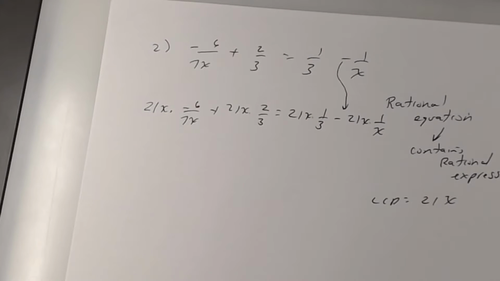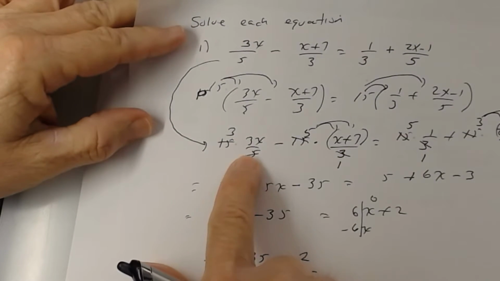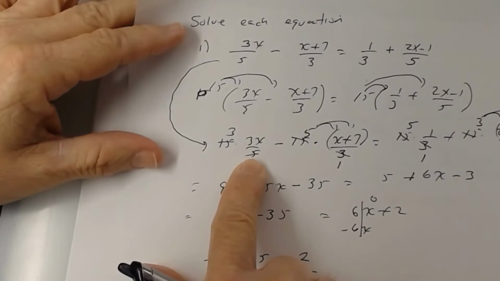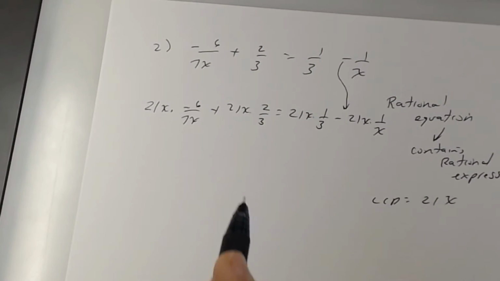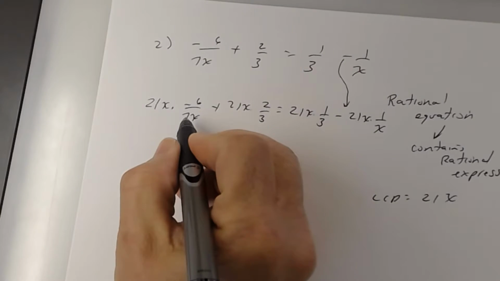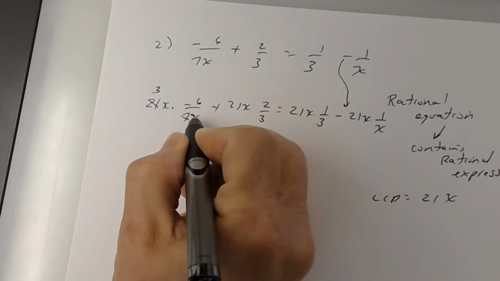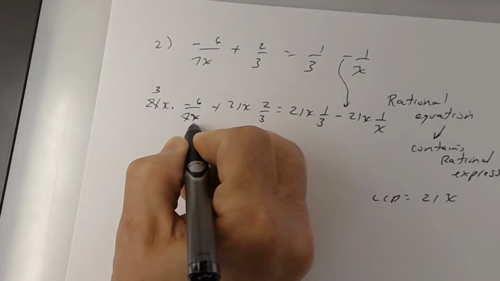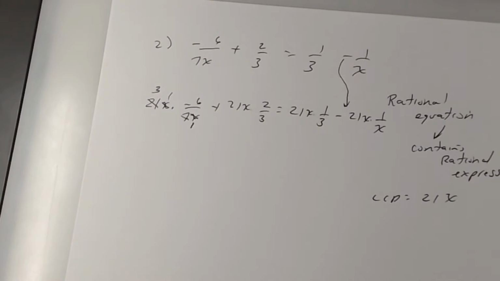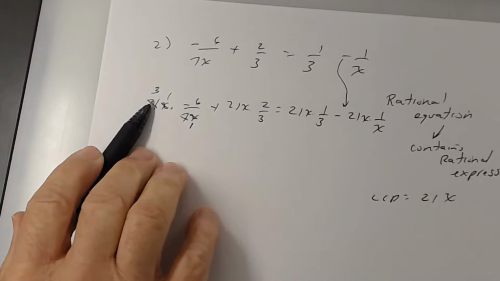Now at this point, once I multiplied every fraction by the LCD, what else did I do? I reduced, simplified, right? So remember, the whole point of multiplying by the LCD is to get what number down here? 1. 7 into 21 is 3. X into x is 1. X into x is 1. You got 1, right? So 7x goes into 21x how many times? 3.